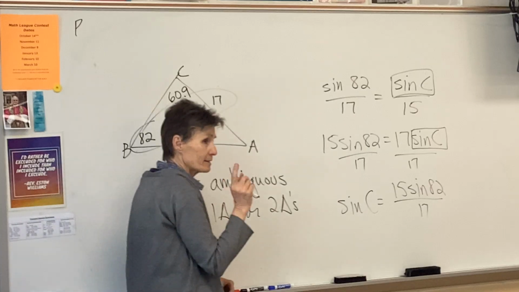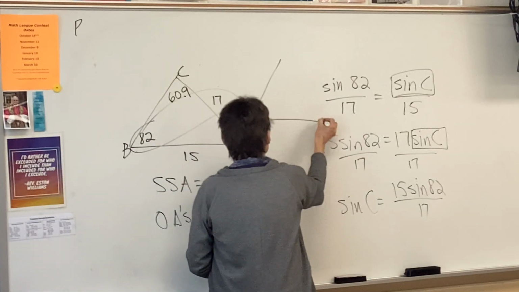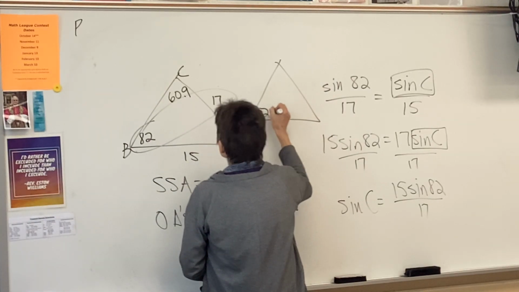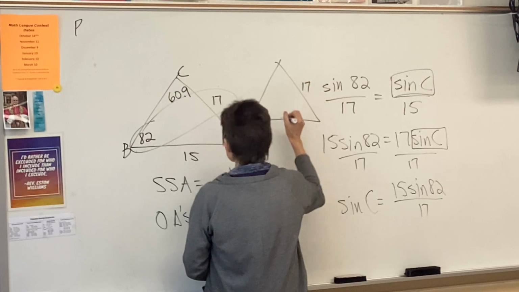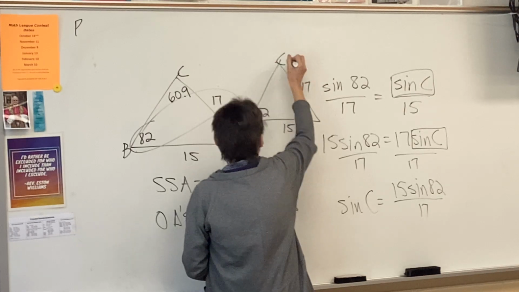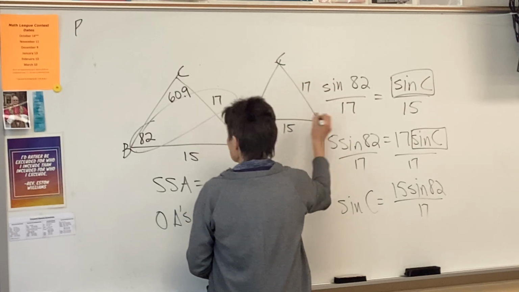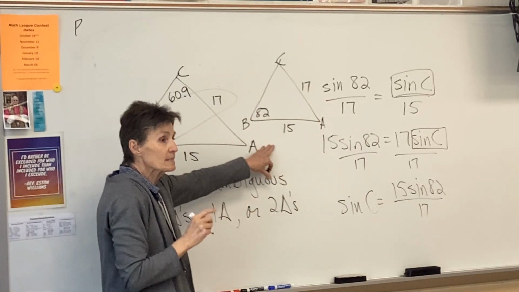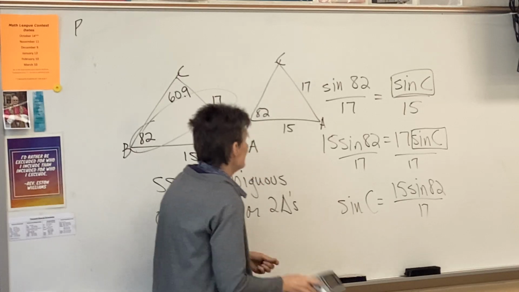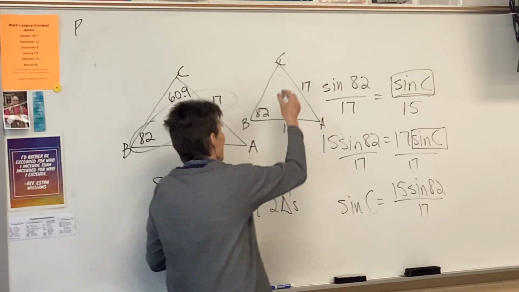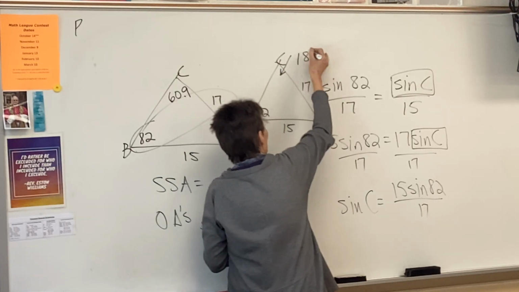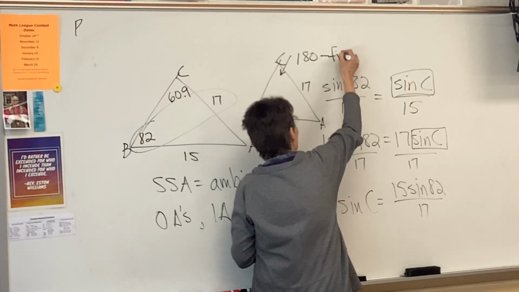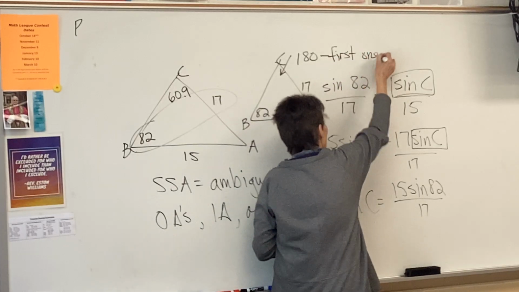Now I need to check to see if there could be another answer. Now I need you to listen, okay? If there is another answer, there's my same triangle. If there is another answer, then the second angle C will always be 180 minus the first one.